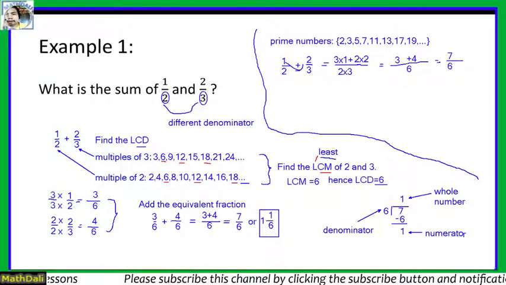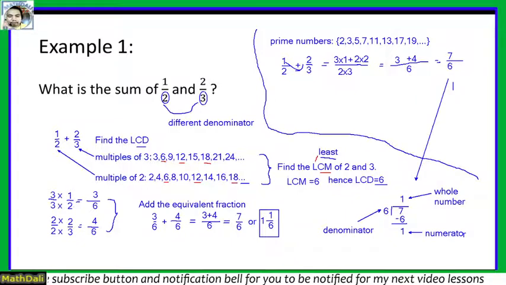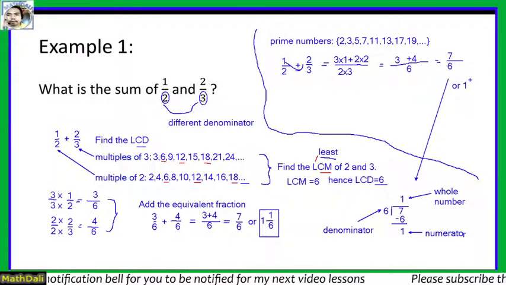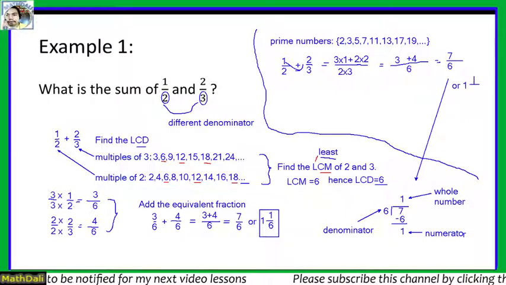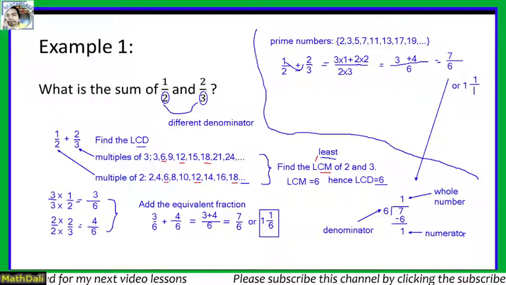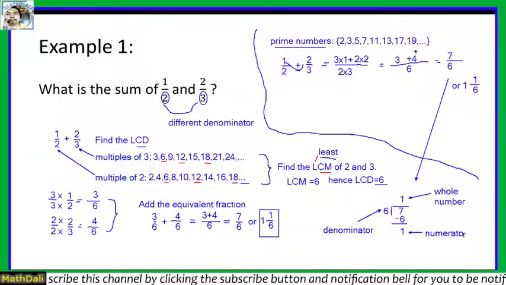Then, lowest term na lang ninyo to. And 7 over 6, that is the same as mixed number, which is 1 and 1/6. Parehas pa rin. Gagamitin lang ninyo to kung ang ating denominator ay prime numbers. Ito yung mga prime numbers natin.